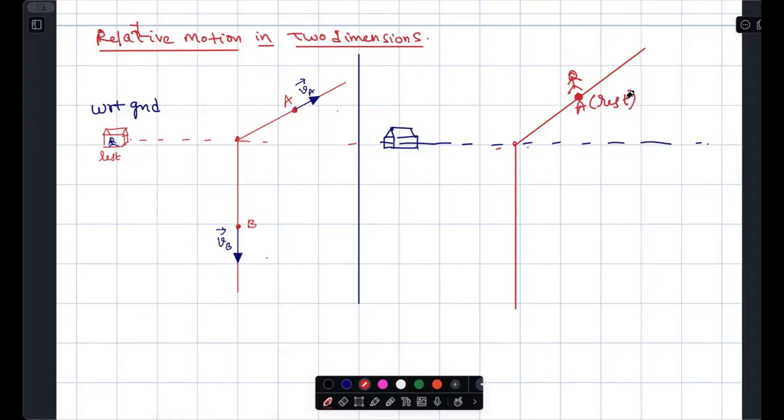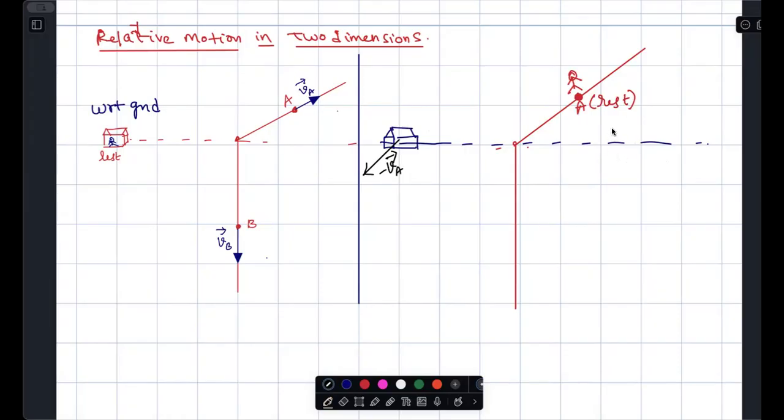Such an observation is called relative. Now tell me what A is observing in his world. In his world, A will observe the house is moving in a direction exactly opposite to his velocity. In fact, the house is nowhere moving, the house is at rest.